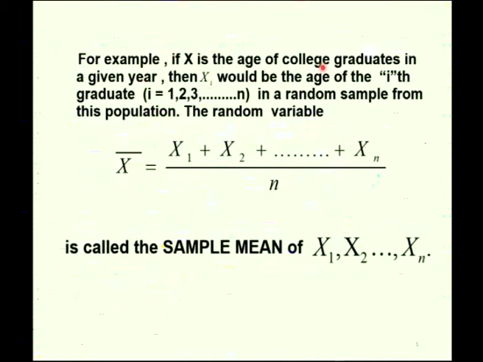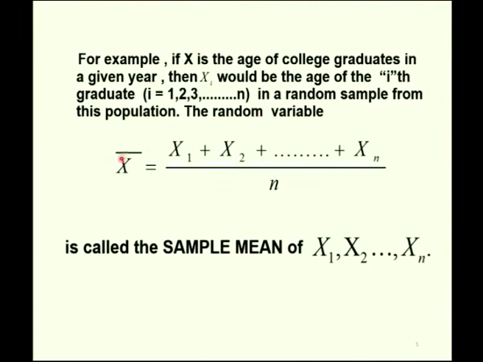For example, if x is the age of college graduates in a given year, then xi would be the age of the ith graduate, i equal to 1, 2, 3, etc. up to n. That is, x1 stands for the age of the first graduate and x2 stands for the age of the second graduate, like that xn stands for the age of the nth graduate in a random sample from this population of college graduates.